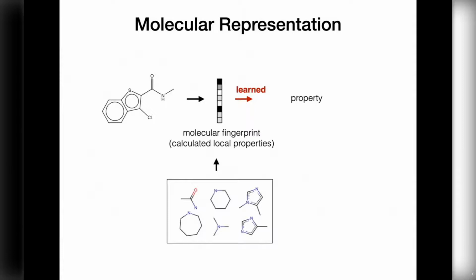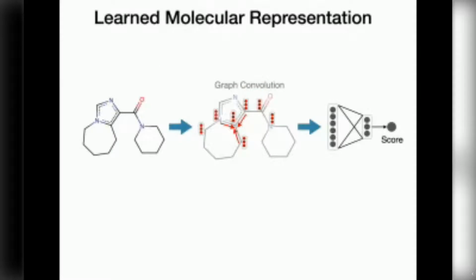And now you have this vector and you can run your favorite classifier and predict the property. The problem, as chemists themselves discovered, is that many times when you're looking at some interesting properties, you don't really know what are these features that are really important. And that's where deep learning came in. People really started thinking, maybe instead of starting with handcrafted vectors, we can learn these vectors directly from the molecule.